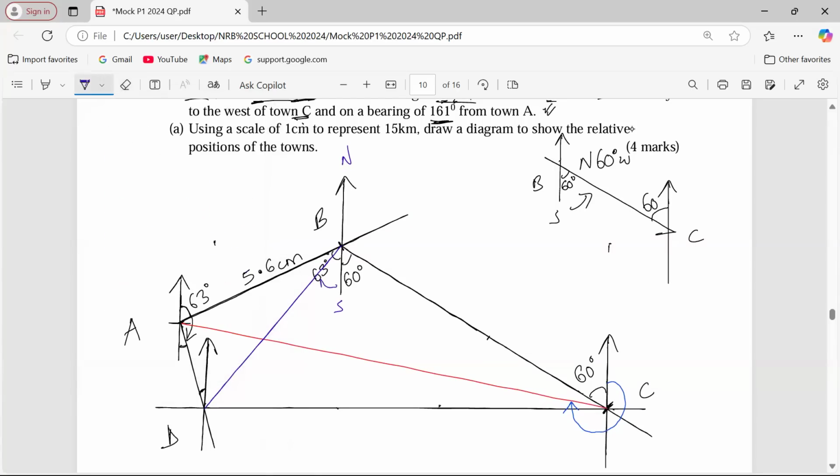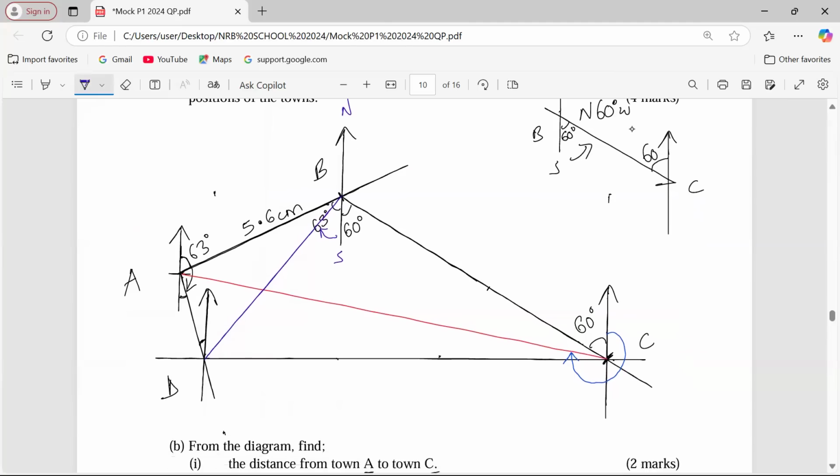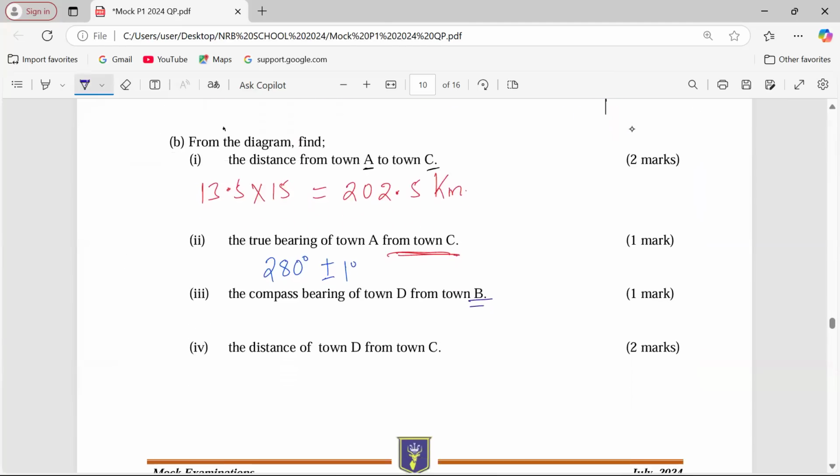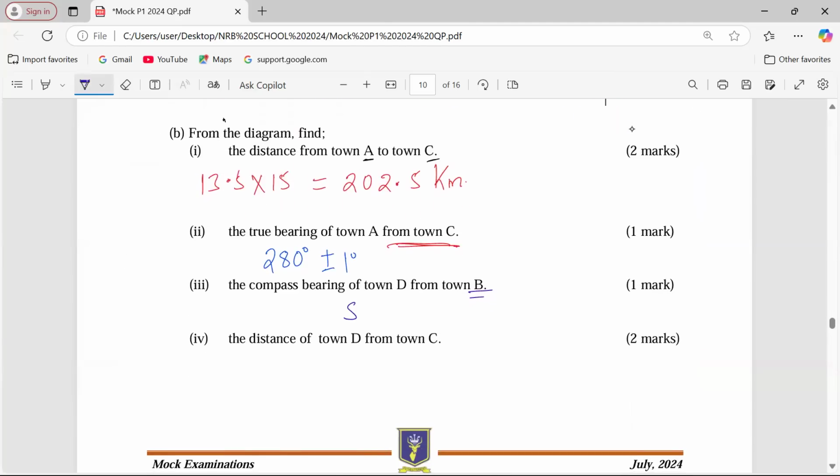In this case, we are moving to the west, so we measure that acute angle. This angle is exactly 42 degrees. So we are moving from the south 42 degrees towards the west.